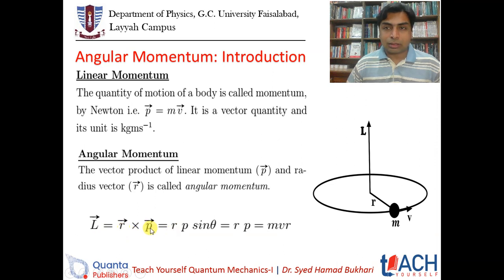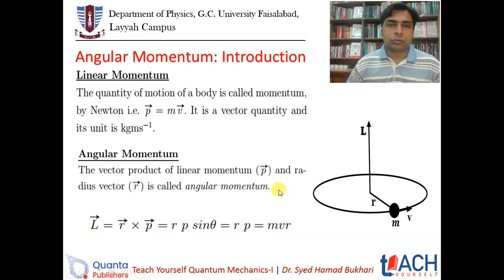So we get the cross product will be equal to Rp sine theta, and for maximum value of sine theta means theta is equal to 90 degree, which shows that the angle between this V value and the R value should be 90. So at that value, this becomes equal to Rp because sine 90 becomes equal to 1. So we will get P is equal to mv. So we get mvr. So the angular momentum L is equal to mvr.